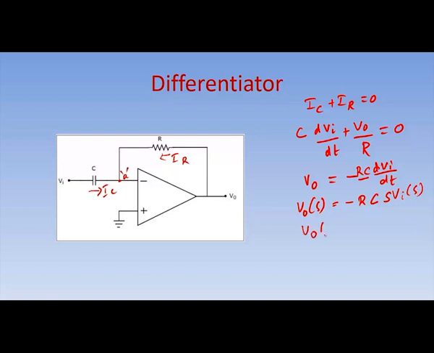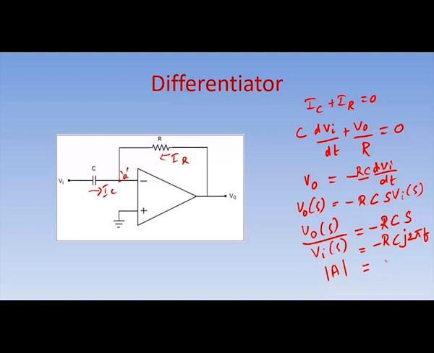From this, the gain can be calculated as V0 of S by Vi of S is equal to minus RCS, and here this S can be replaced by j omega, or directly 2 pi f. This is written as mod A. If you take the modulus value, the negative sign and the imaginary part go off, since for a modulus you get only the magnitude.